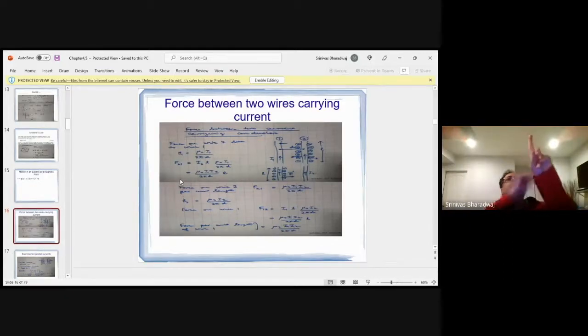The other conductor is pushing this one as well, so F12 and F21. Mu naught I by 2 pi d is B, and this one will also experience another B, and the force will be I times L cross B.